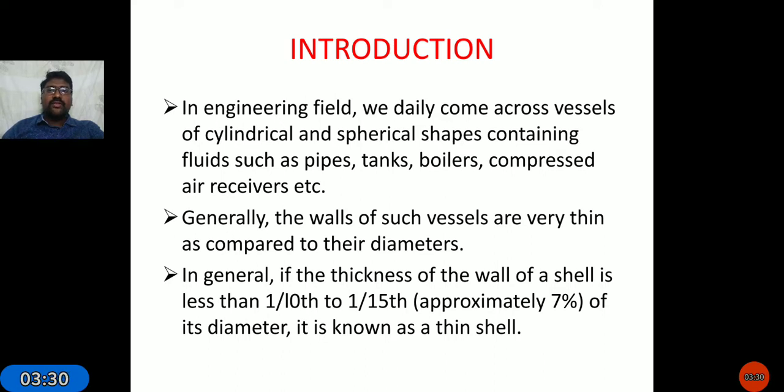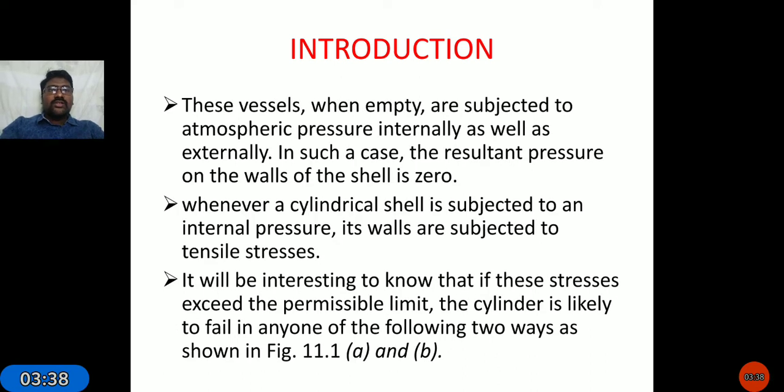When it is made in a spherical shape, it is known as a spherical shell. These vessels, when empty, are subjected to atmospheric pressure both internally and externally. Without fluids, the resultant pressure on the wall of the shell is zero; it is only subject to atmospheric pressure.